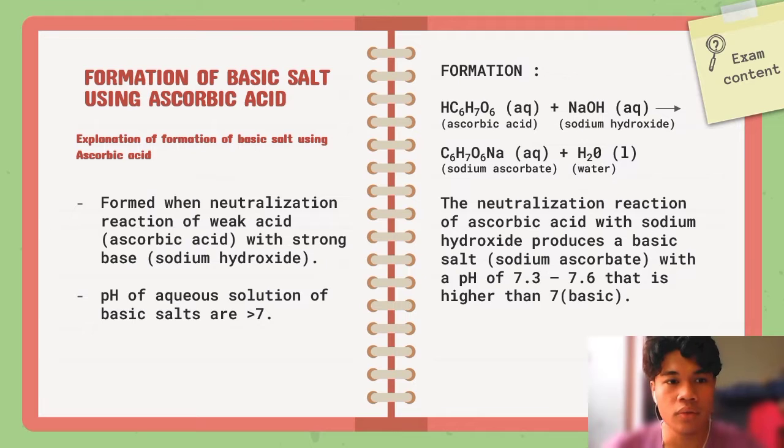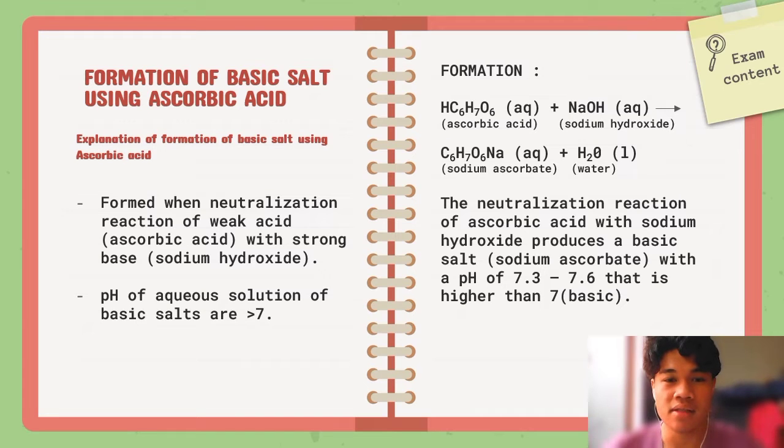Okay, we go through the formation of basic salt using the ascorbic acid. It is formed when a neutralization reaction of weak acid, which is ascorbic acid, with strong base, which is sodium hydroxide, takes place. The pH of an aqueous solution of basic salt is greater than 7. Next is the formation.